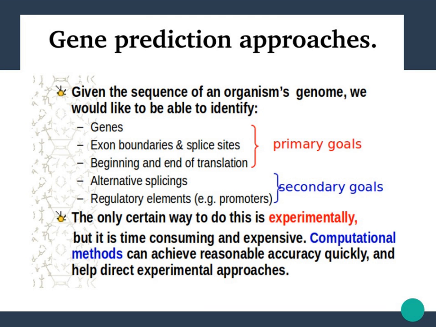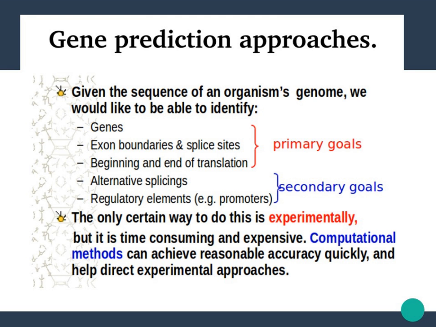The identification of genes, or gene prediction, is a very difficult task. When we get the genome sequence of an organism, we can classify our goals into primary goals and secondary goals. The primary goals are identification of genes, exon boundaries and splice sites, and the beginning and end of translation, and the secondary goals include alternative splicing and regulatory elements like promoters.